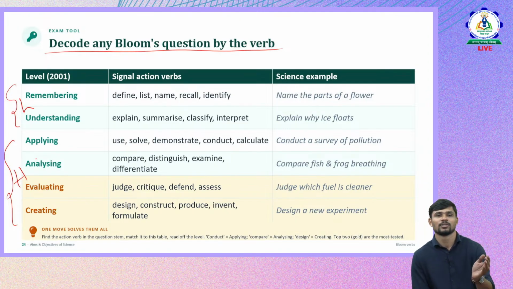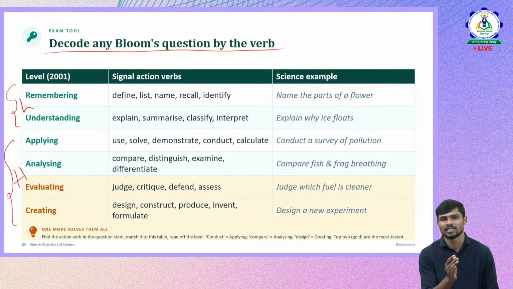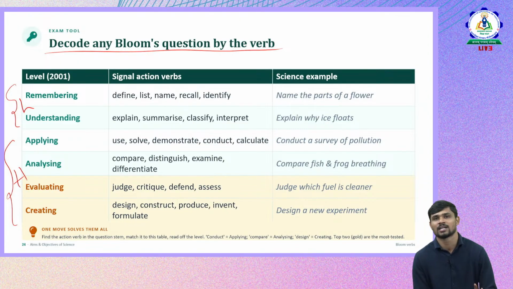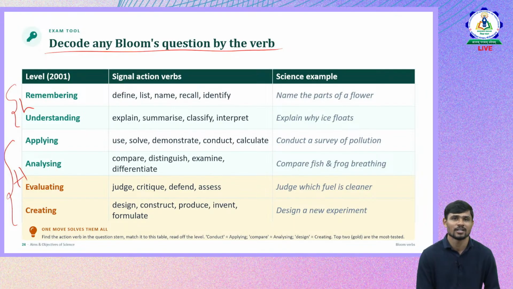If you can see, the first column is the level, the stage of Bloom's taxonomy. The second is signal action verbs that can come under that level, and then the science example that is given. At the lower order level, remembering and understanding will be there. At remembering, the verbs are like define, list, name, recall, identify.